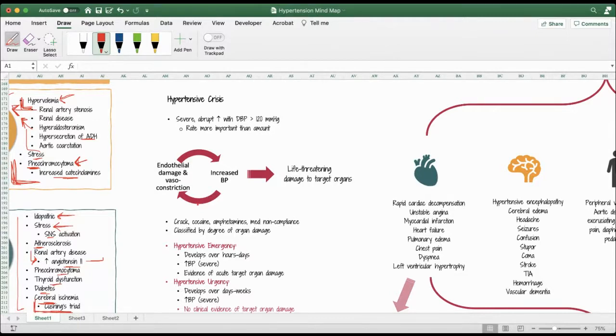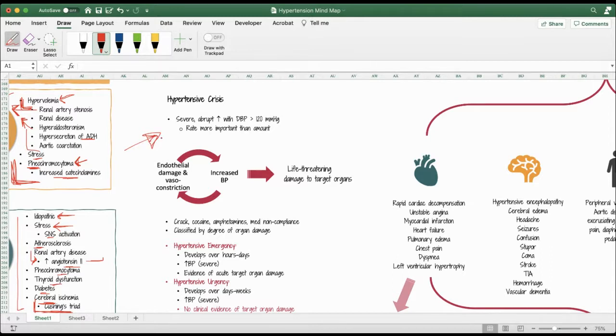Before I started working in the ER, I never really thought of hypertension that way. You think of hypertension as a long-term thing, but when someone comes in and their blood pressure is like 200 over 120, you realize really fast how serious that is.